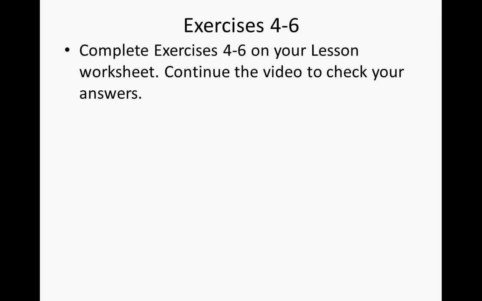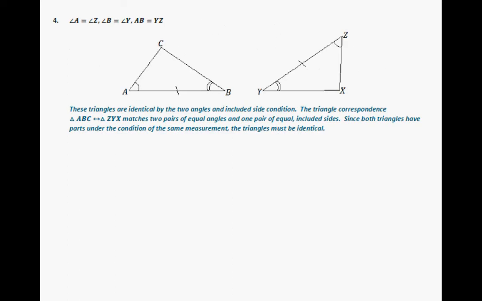All right, so you should be done with exercises 4 through 6. Let's go ahead and check it. For exercise 4, angle A is equal to angle Z, angle B is equal to angle Y, and line segment AB is equal to YZ. You should have drawn something that, again, doesn't have to look similar to this, but our condition is that we have two angles and an included side.